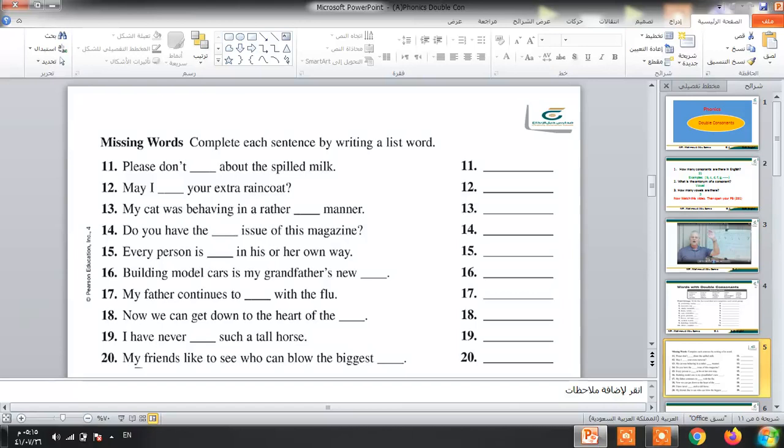Now, number 15. Every person is different in his or her own way, and we are not the same. I mean, everybody is different from the other. Even the brothers, sisters, the twins are different.